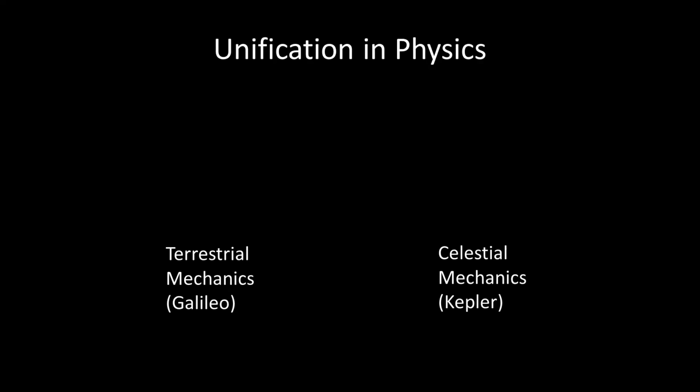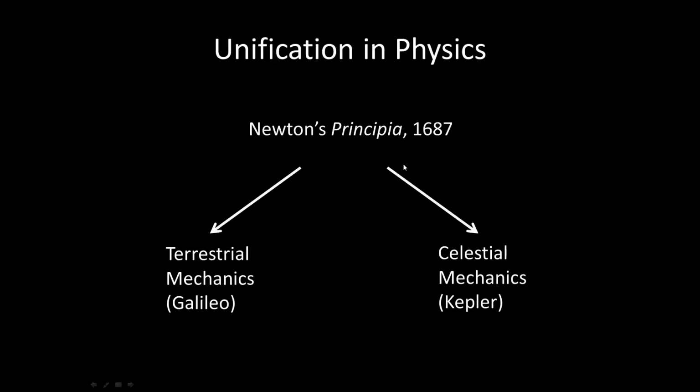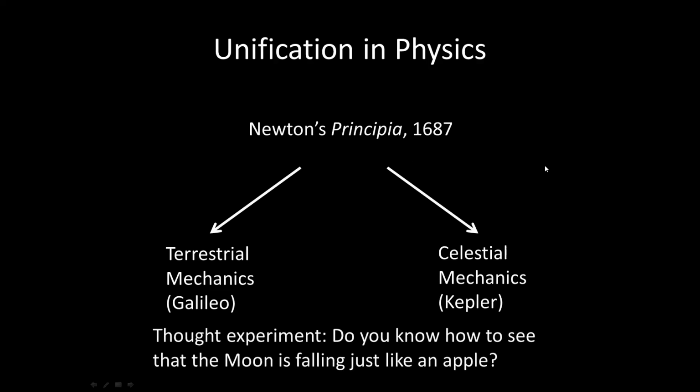Then Galileo studied that, and Kepler that, and you know who unified these two physics? It was Newton with his universal law of gravitation in his Principia in 1687. And for that, he created calculus.